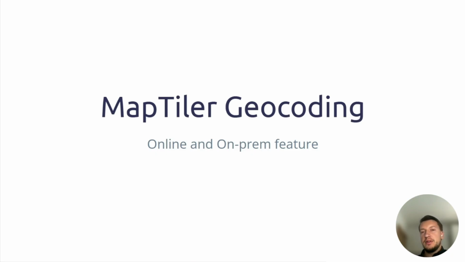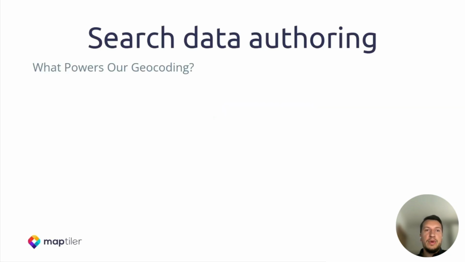The process of transformation between location description, like an address, into coordinates, is known as geocoding, and vice versa as well. And what powers MapTiler's geocoding service? So it all starts with data. We collect multiple data sources, and the primary data source is OpenStreetMap.